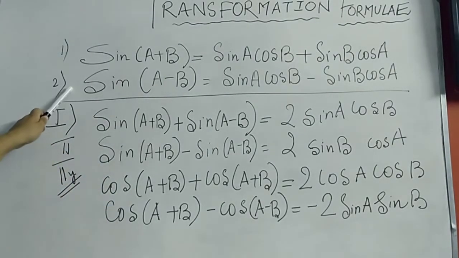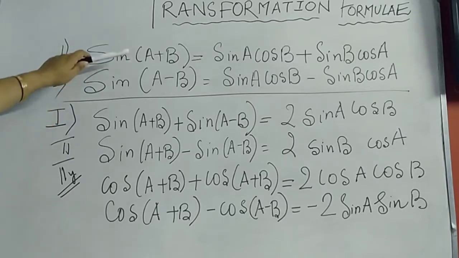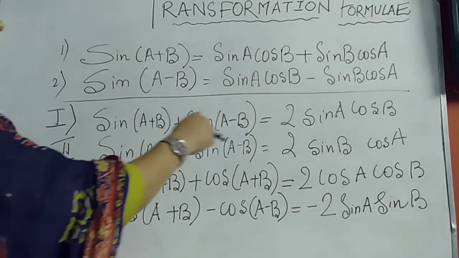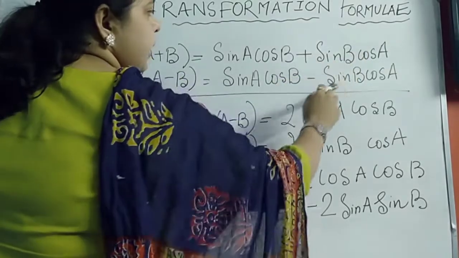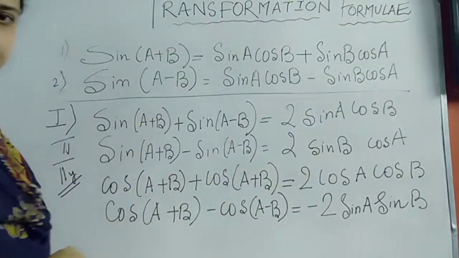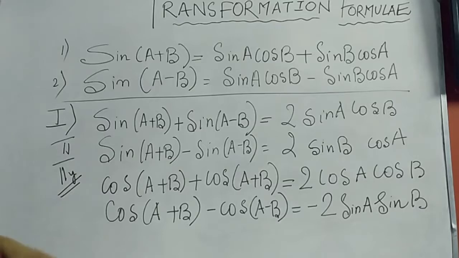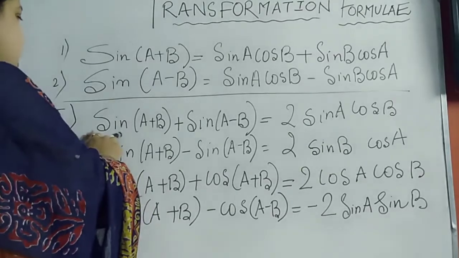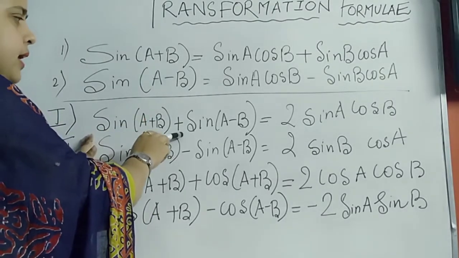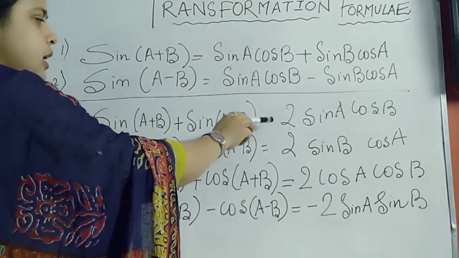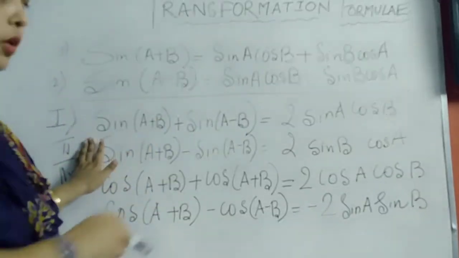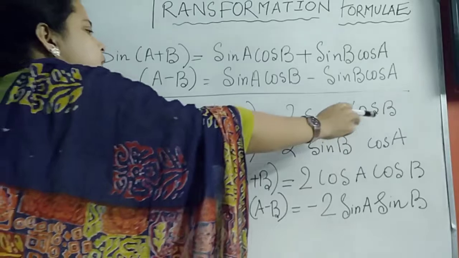I have added the first formula and the second formula. What are you getting? After addition, the second term cancels, and sine of a plus b plus sine of a minus b is providing me 2 sine a cos b.